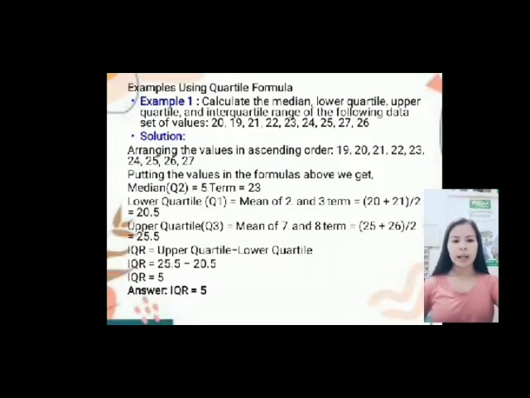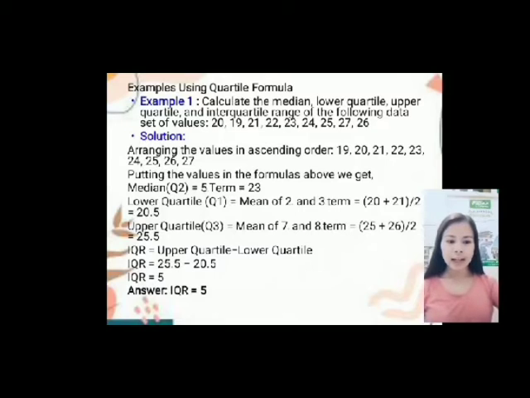Calculate the median, lower quartile, upper quartile, and interquartile range of the following data set of values. The solution is arranging the values in ascending order. Putting the values in the formulas above, the median is the second quartile, and the fifth term is 23.